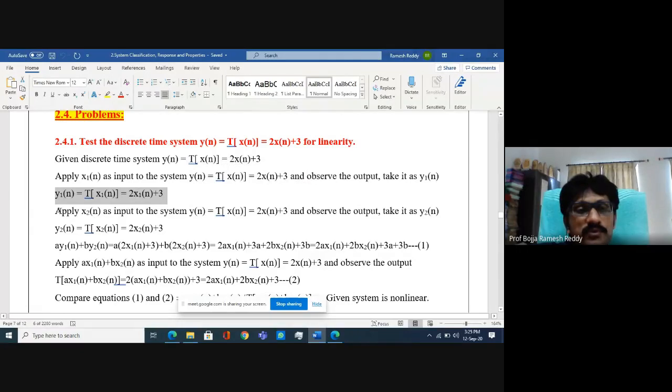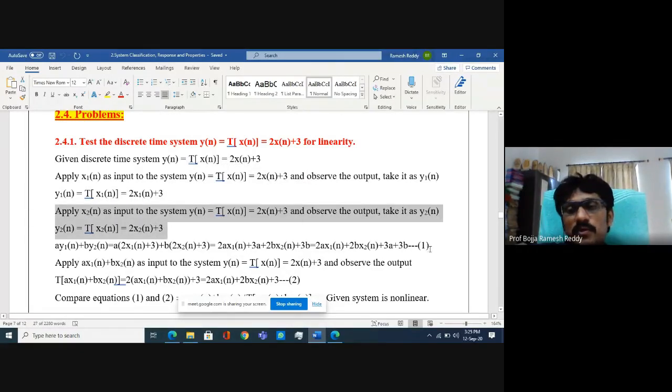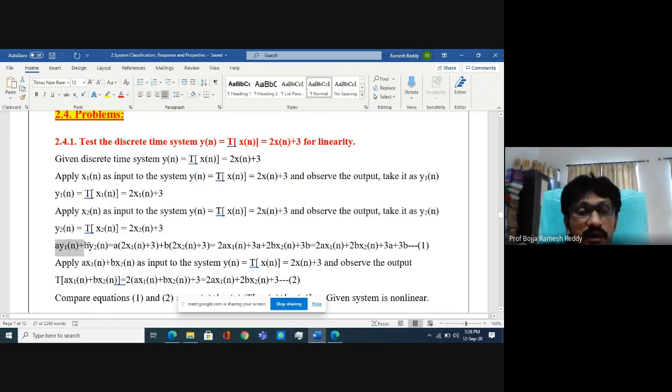Now repeat the same procedure where we apply x2 of n as input to the system, observe the output and take it as y2 of n. Y2 of n is equal to transformation of x2 of n, that is equal to 2x2 of n plus 3. Now what we have to do is take the linear combination, that is a into y1 of n plus b into y2 of n. This is y1 of n, multiply with a. This is y2 of n, multiply with b.